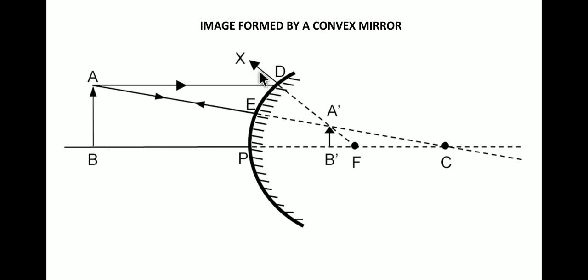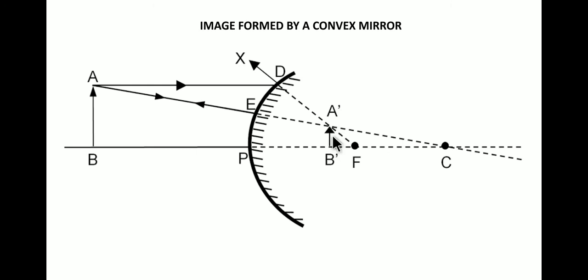But the reflected ray over here appears to come from the point F, that is from the focus. The second ray of light, which moves towards the center of curvature, retraces its path back and moves again on the same path, and here it is getting reflected back. When we trace back both the rays, they seem to intersect out here. So the image will be formed over here.